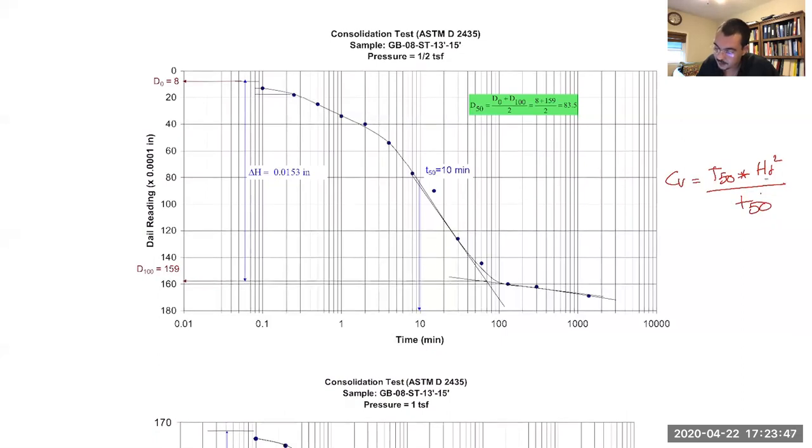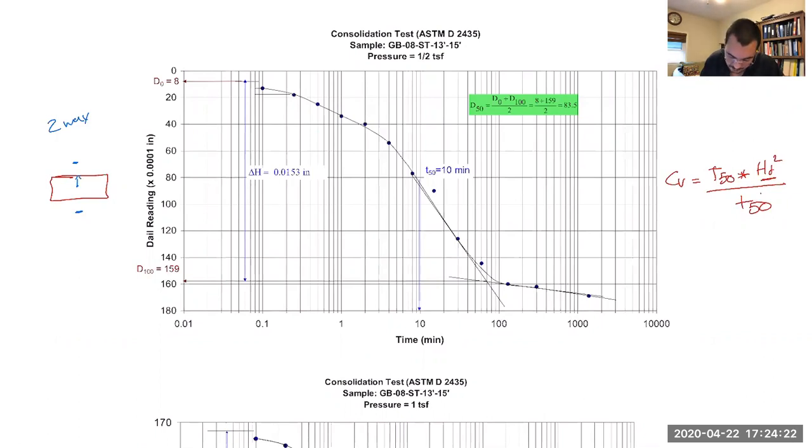And remember the drainage height we talked about. We have our soil sample here, and the drainage height is the longest path that the water needs to take before it can leave the soil sample. So if we have two-way drainage, basically here we have a porous stone on top and a porous stone on the bottom, what's the furthest path that the water has to take to leave the sample?